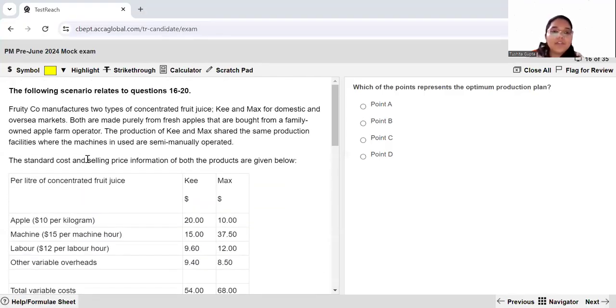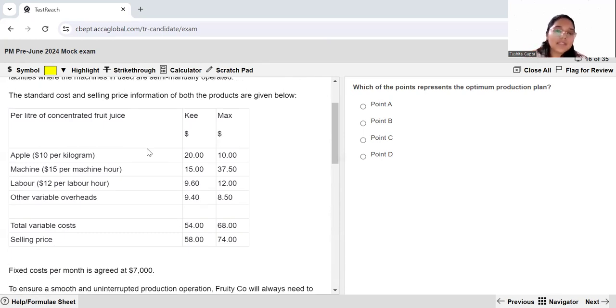Let us go and have a look at the information. Fruity Company manufactures two types of concentrated fruit juice, Key and Max, for domestic and overseas markets. Both are made purely from fresh apples that are bought from a family-owned apple farm operator. Production of Key and Max shared the same production facilities where the machines in use are semi-manually operated.